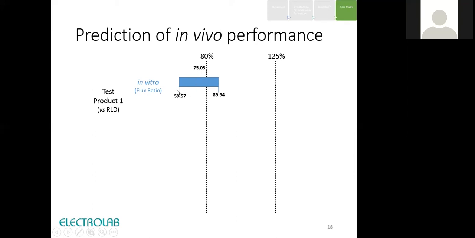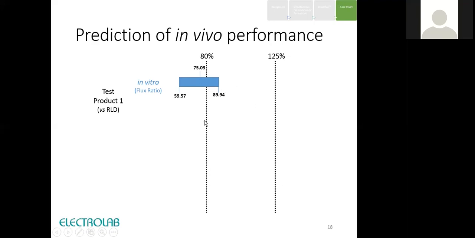The 90% confidence interval of this flux ratio was calculated, and here is where it stands.